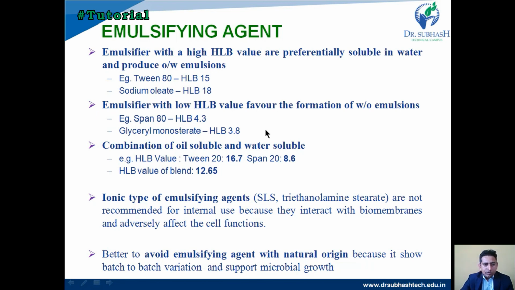Then it is better to avoid emulsifying agents of natural origin. Some natural origin emulsifying agents are also available in the market. We should avoid them because they show batch to batch variation, and there is also a chance of microbial growth in our emulsion. So during the selection of an emulsifying agent, we need to take care of this.